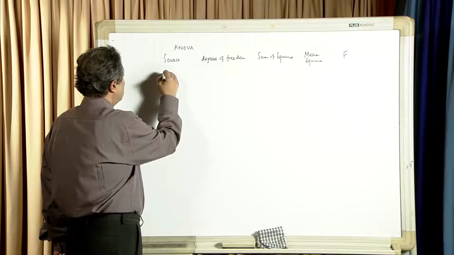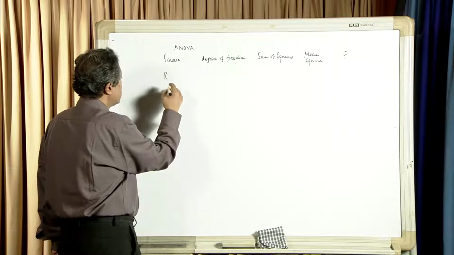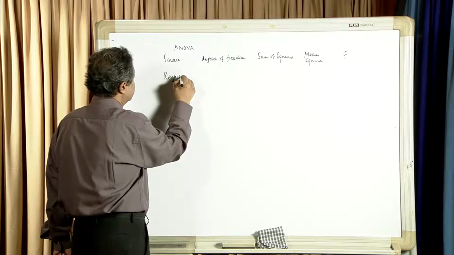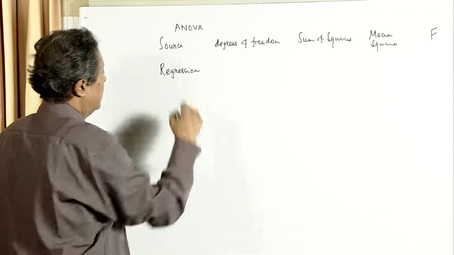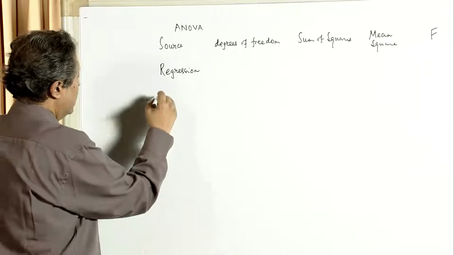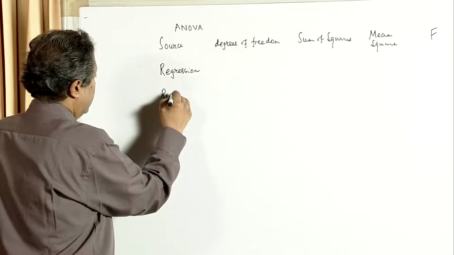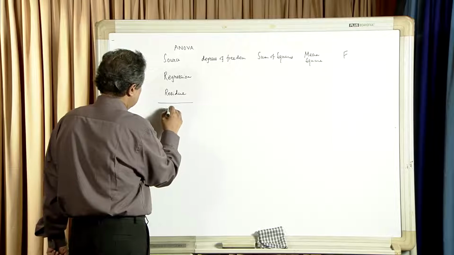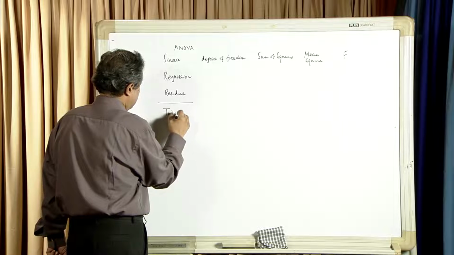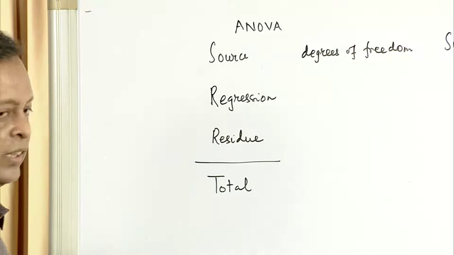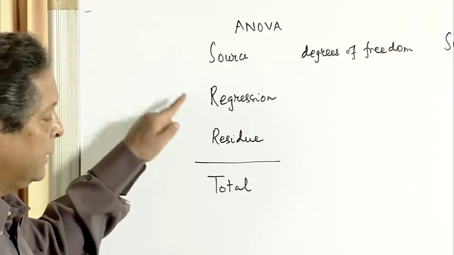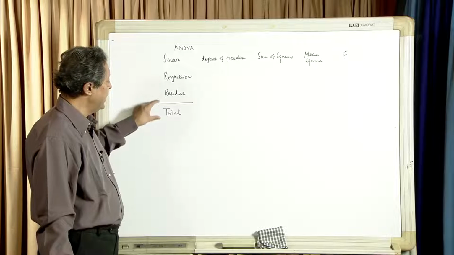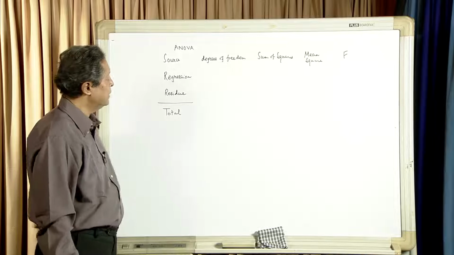So, as we know, there are two sources of variation. The first is the regression. The second source is the residue, and they add up to the total variation.